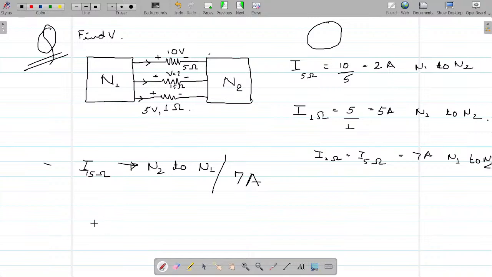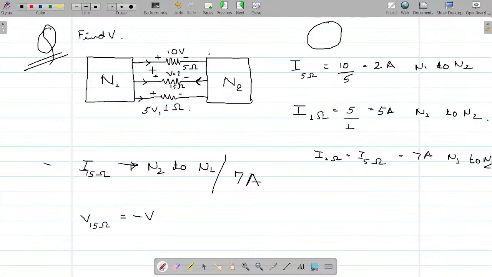Now tell me, what will be the potential? So far we found out that the current actually flows from N2 to N1. So what would be V of 15 ohm, which is equal to what? It is equal to minus V. What have we been asked? We have been asked V like this, but the polarity is plus minus, when the actual polarity is here plus, here minus.